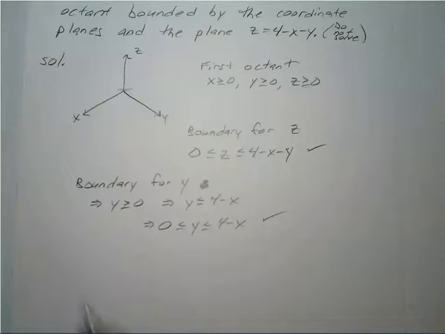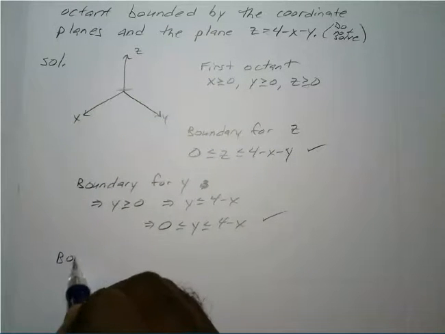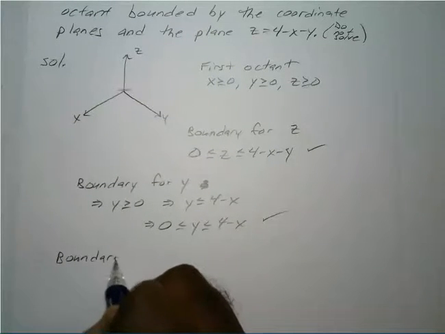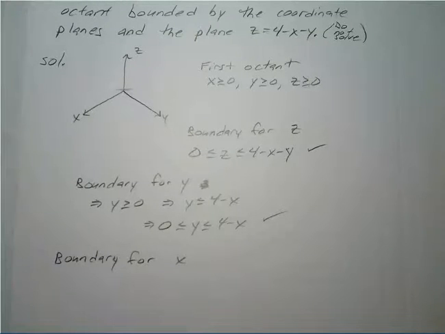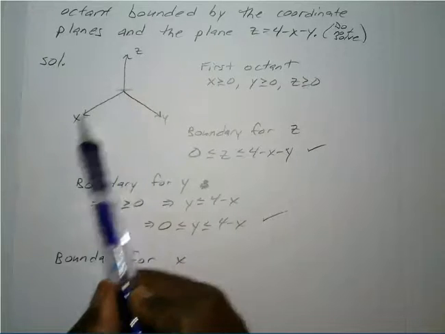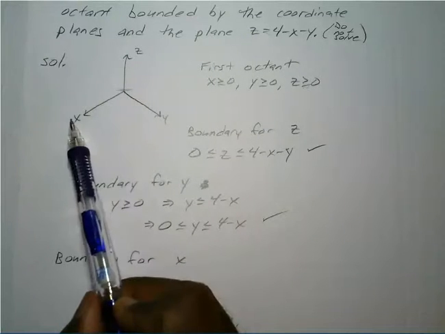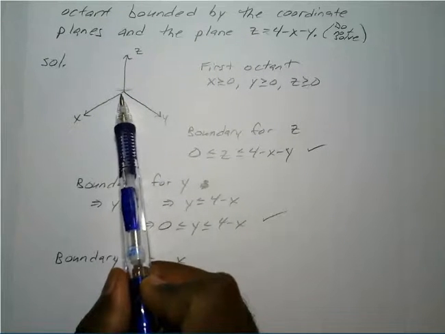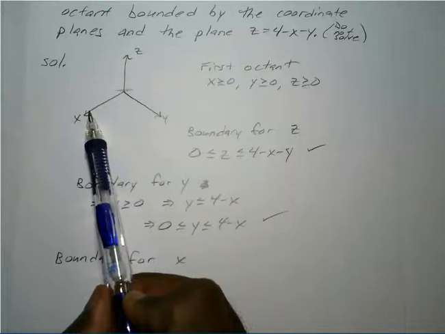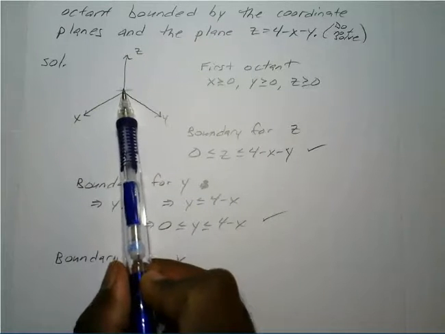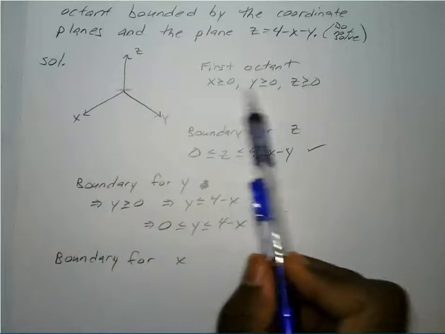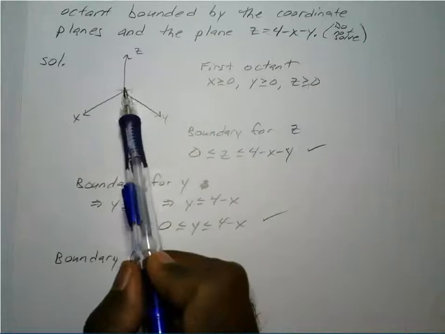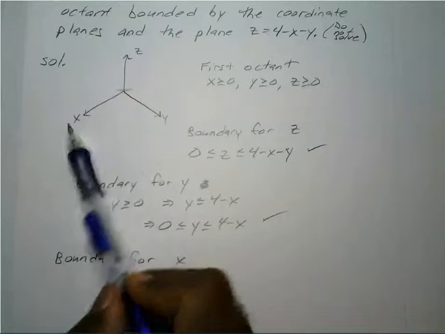Alright, so now looking at our third boundary, our boundary for x. We're just looking for some value between x here and x there. If we wanted, we could make y equal to 0, because we know they're all greater than or equal to 0, so we can focus on just the x.